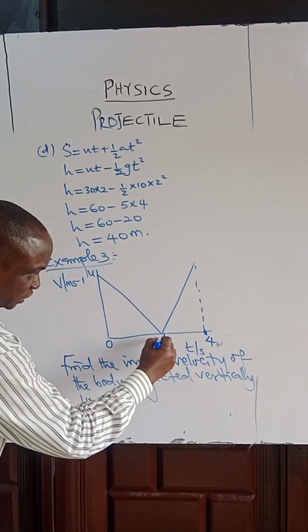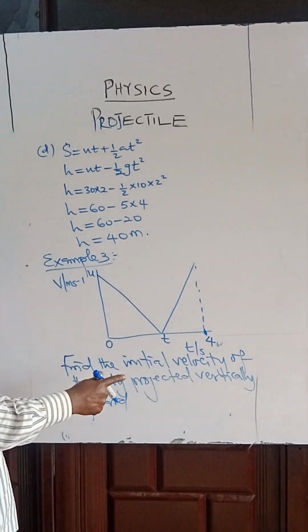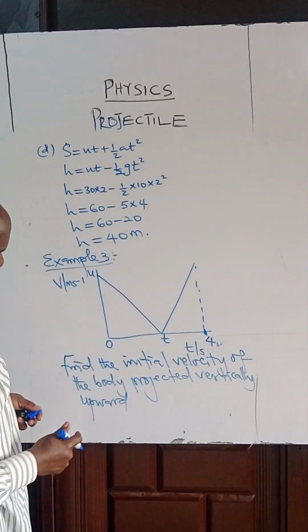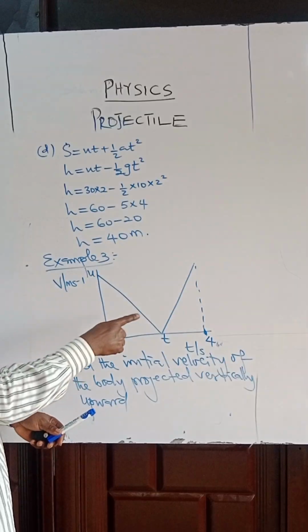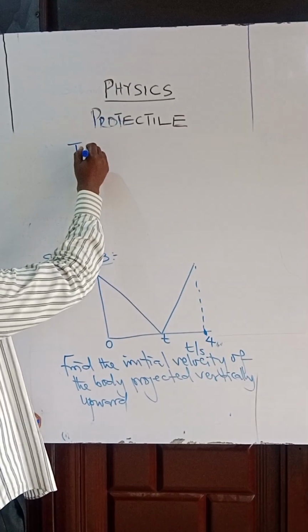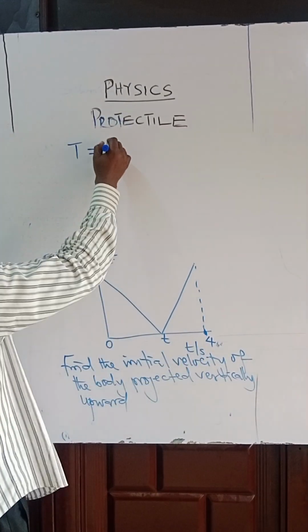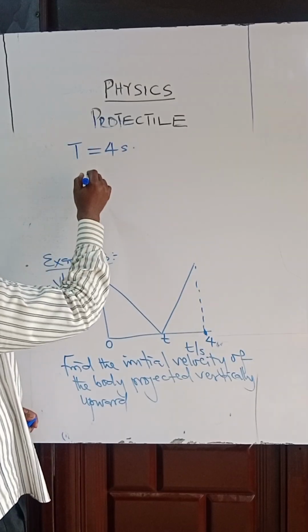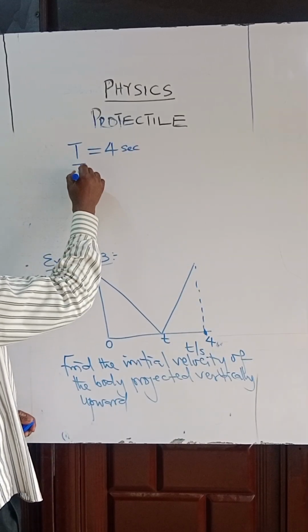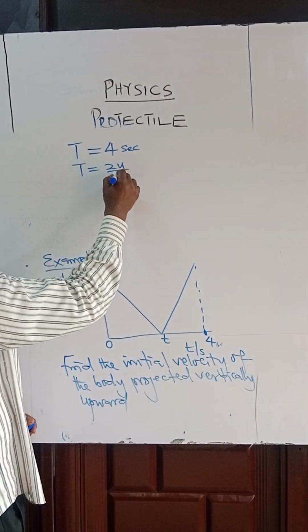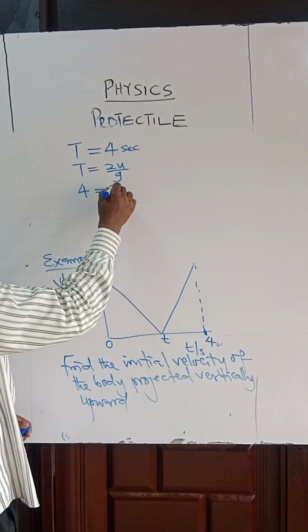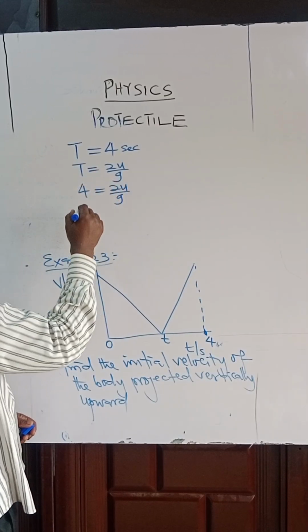This one represents small t. This one represents capital T, that is the total time of flight. The time of flight is given to be 4 seconds here. And T is equal to 2u over g. So 4 is equal to 2u over g.